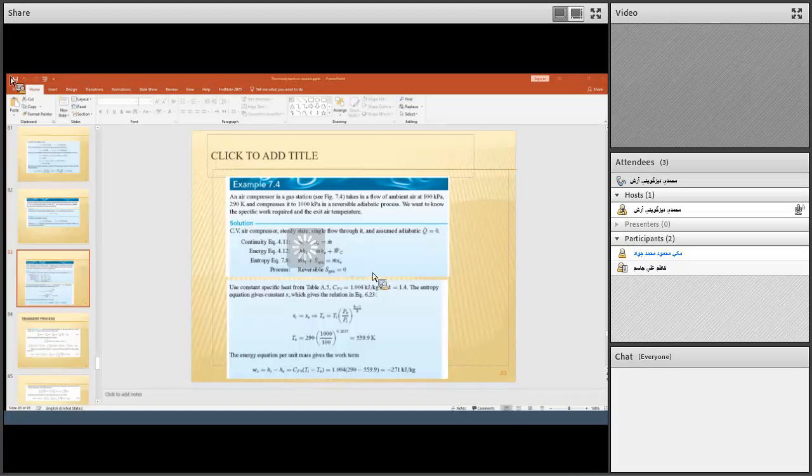The first law of thermodynamics means mass flow rate times enthalpy at inlet equals mass flow rate times enthalpy at outlet plus rate of work.